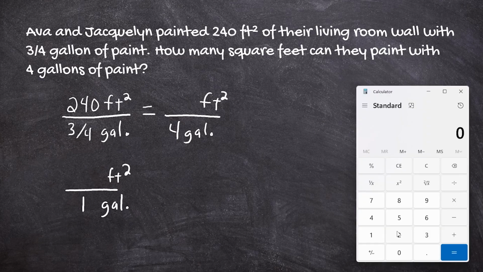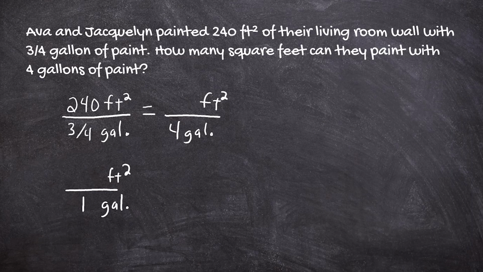All right, so let us take 240 square feet and divide that by 0.75 gallons, which is the decimal equivalent of 3/4. And that would give us 320 square feet. So we know that the unit rate would be 320 square feet of wall covered using 1 gallon of paint.